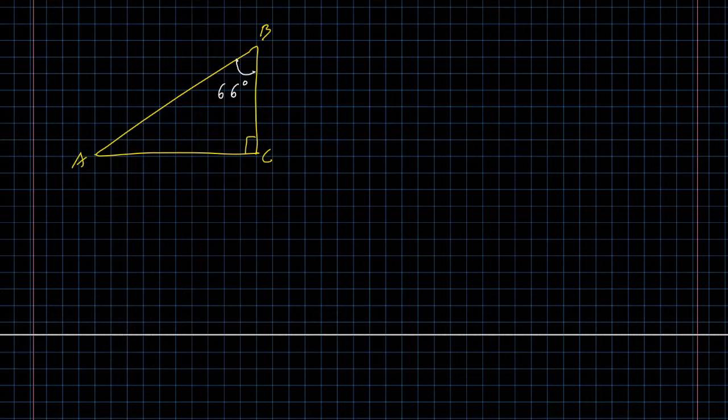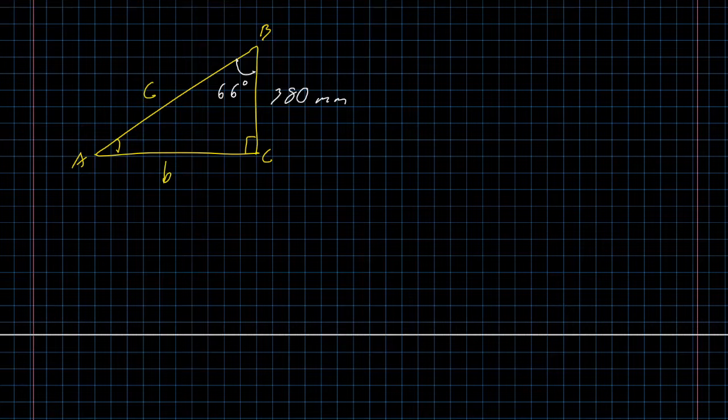And let's say that I'm given that side A is 380 millimeters. I need to figure out side B, I need to figure out side C, and I need to figure out angle A.